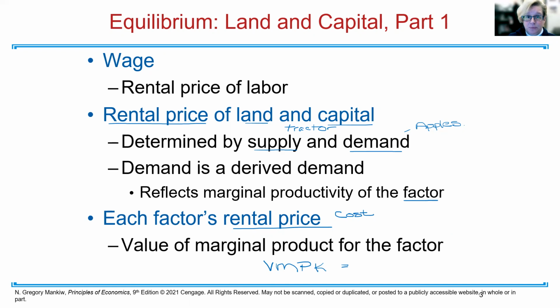So if you produce 1,000 without a tractor, but 2,000 with the tractor, that additional 1,000 units would be the increase in the output or our productivity. Okay, the output gain from the capital times the price of the product in the market.